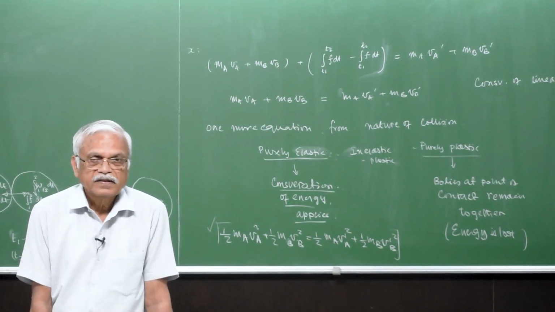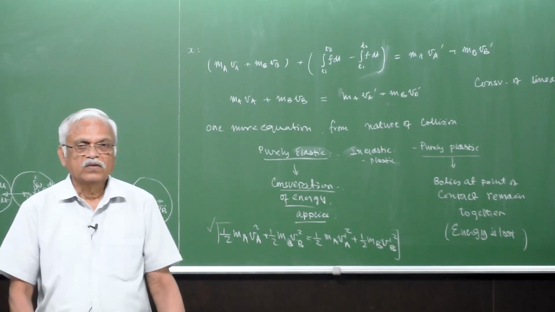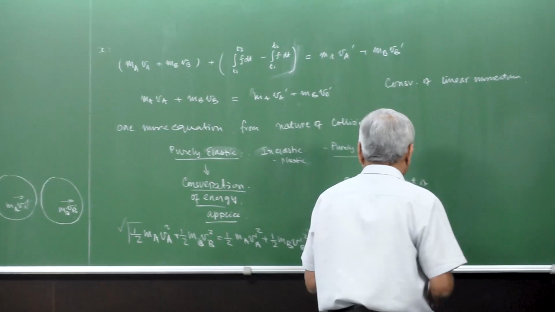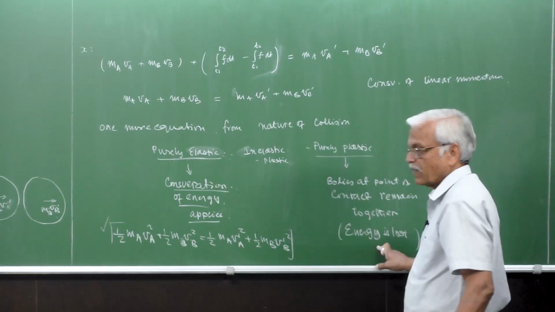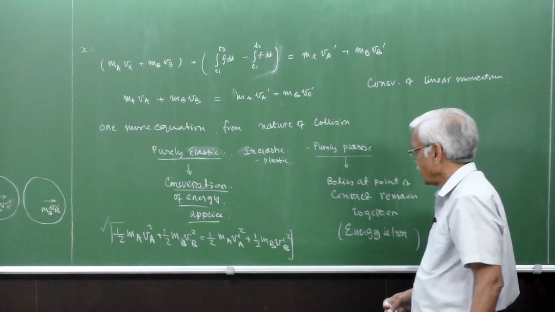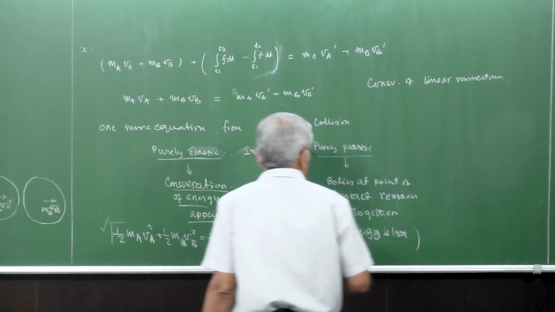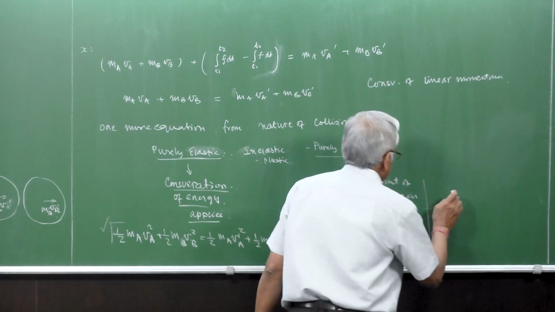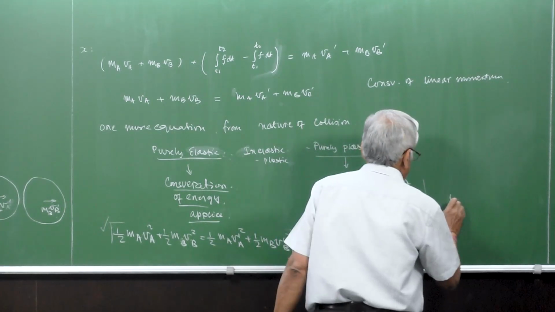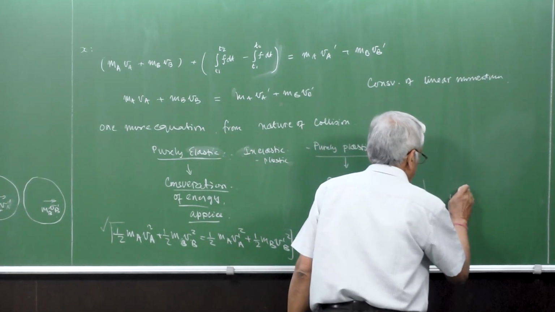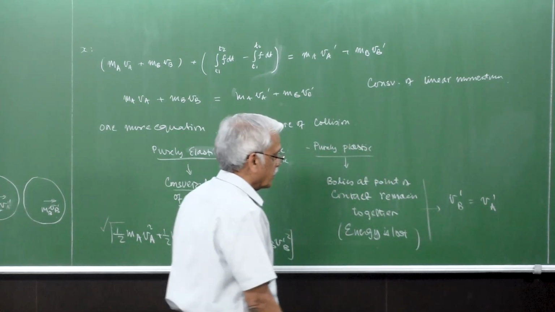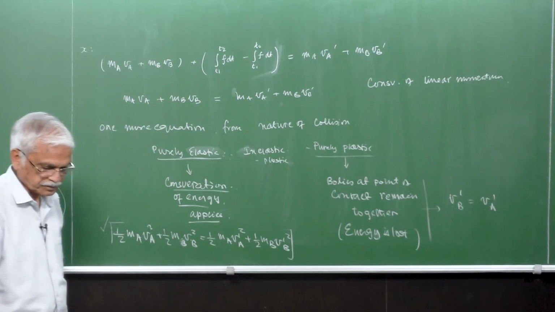Not that they come to zero velocity; it's not completely like that. Relative to each other, they are in contact. So that means the velocities of A and B become the same.